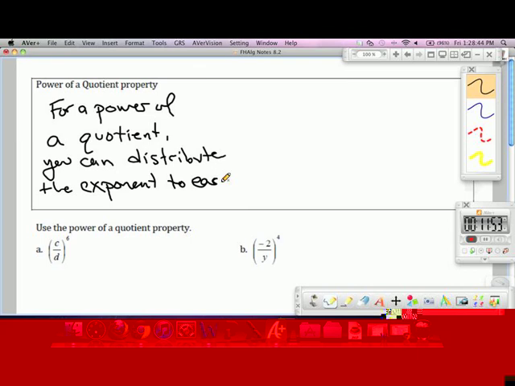There's no common bases on top and bottom, so the best we could do is go through and figure out what 3 to the third and what 5 to the third is. 3 times 3 is 9, times 3 is 27. 5 to the third is 5 times 5 is 25. 25 times 5 is 125. This would probably be okay. If you get more than like 4 digits, now we're thinking just leave it.